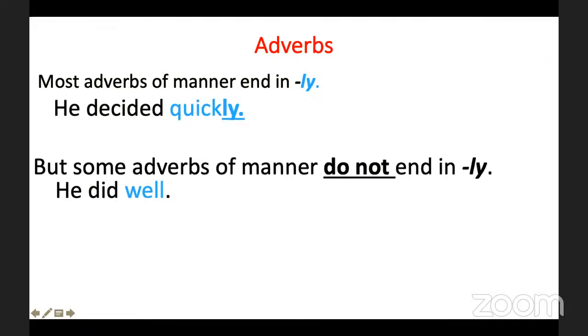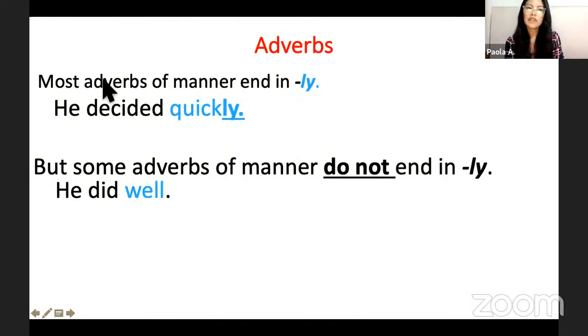All right, good. So again, most of the adverbs, it's not a rule, are adverbs of manner, right? We're seeing adverbs of manner. And they end in -ly, most of them, but not all of them, right? Fabiana, could you read this sentence, please? Okay, Rodrigo, could you read this sentence, please?